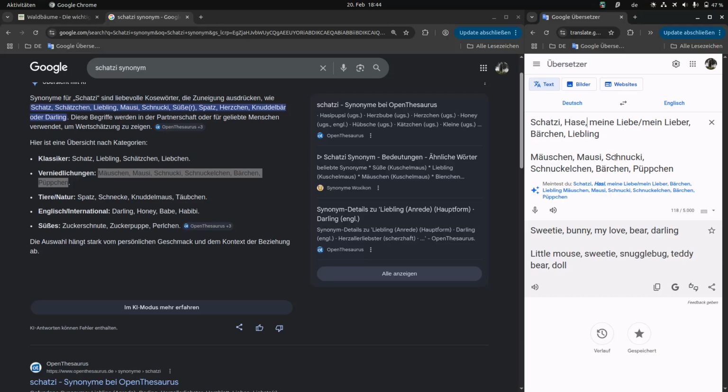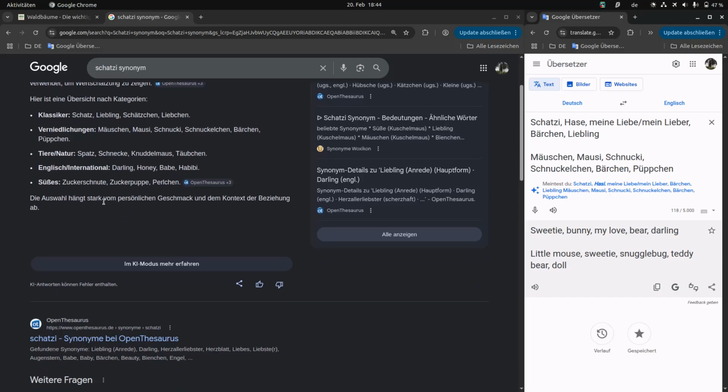Anyways, Mäuschen, Mausi, Schnucki, Schnuckelchen, Bärchen, Püppchen. I haven't heard them all, but I know that people use them. Which is like Little Mouse, Sweetie, Snugglebug, Teddy Bear, Doll. Then we also have more international things like Darling, Honey, Babe, Habibi, and all these kinds of things. Then we have Zuckerschnute, Zuckerpuppe, Pärchen.